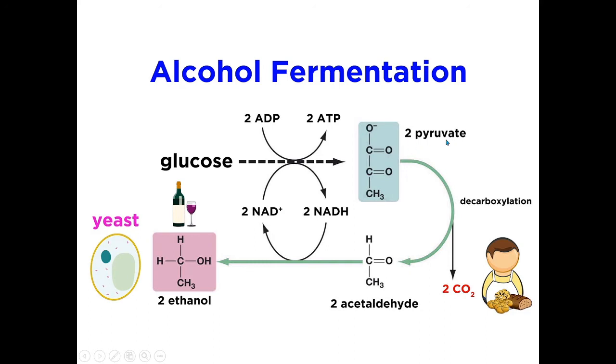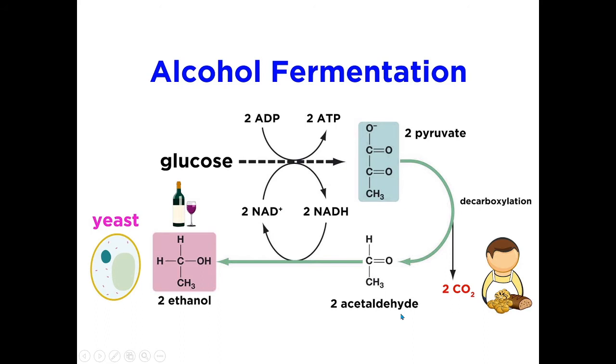This takes place in two steps. In the first step, decarboxylation takes place, and in the second step, dehydrogenation or reduction reaction. In the first step, decarboxylation of pyruvic acid results in acetaldehyde formation.